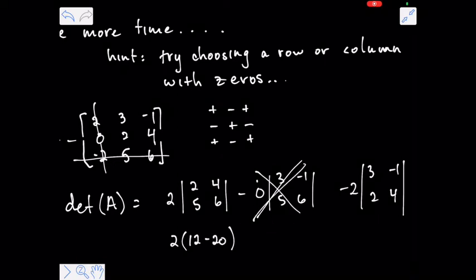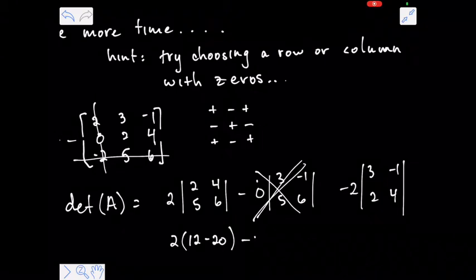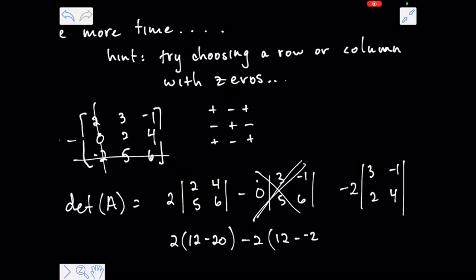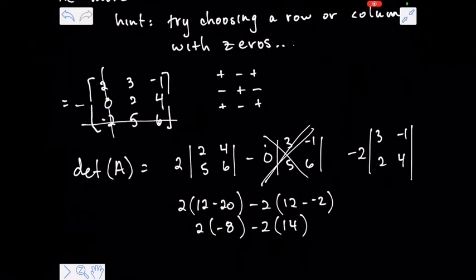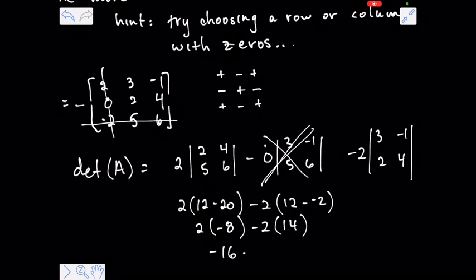Don't need to do that one because 0 times anything is 0. Minus 2. And then it's going to be 12 minus negative 2. So 2 times negative 8 minus 2 times 14. So we have negative 16 minus 28, which is negative 44.